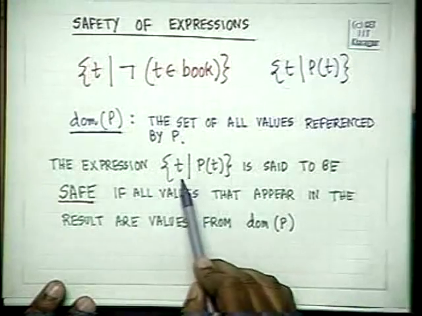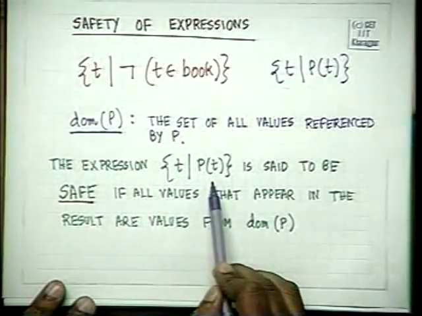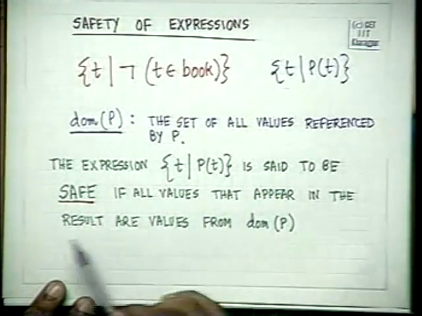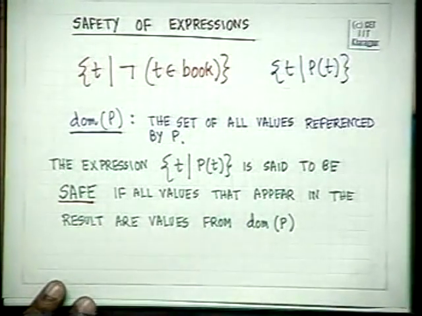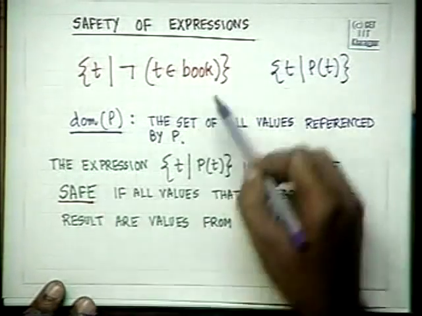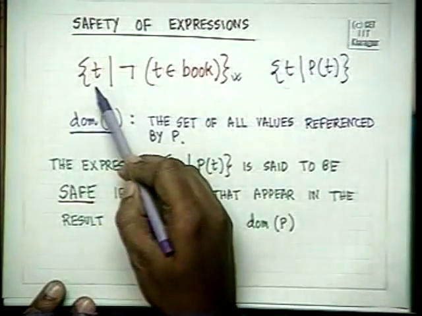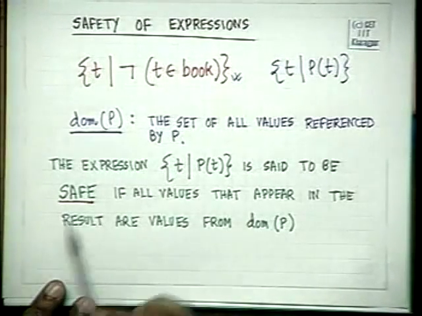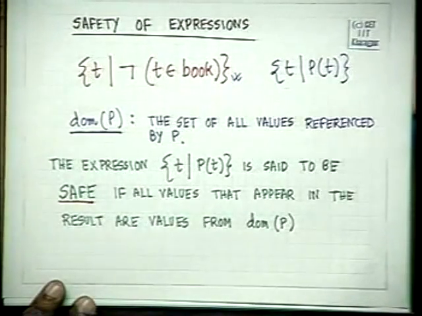The expression {T | P(T)} is now said to be safe if all values that appear in the result are values from the domain of P. This is not safe because the results which appear here are not from book. If you really want the relevant things, then you will not get those which are from book.